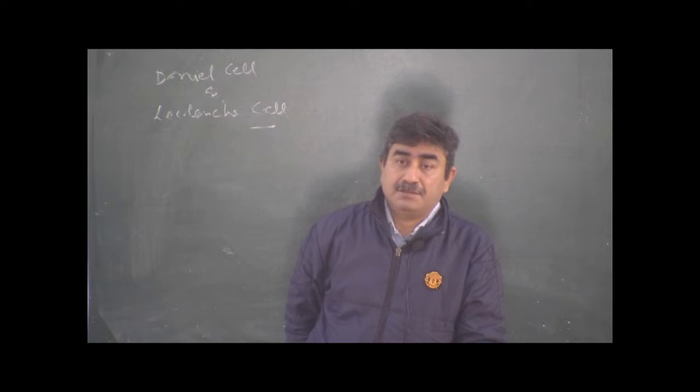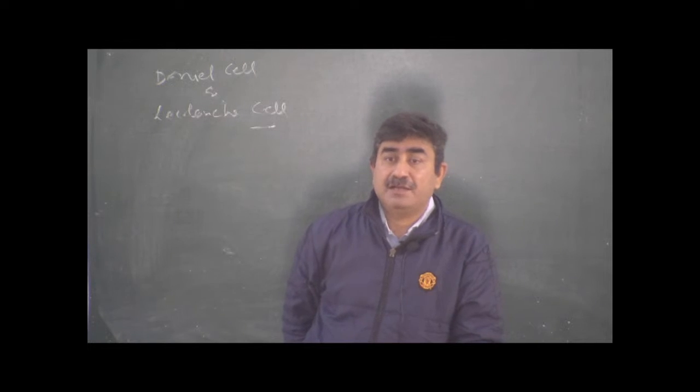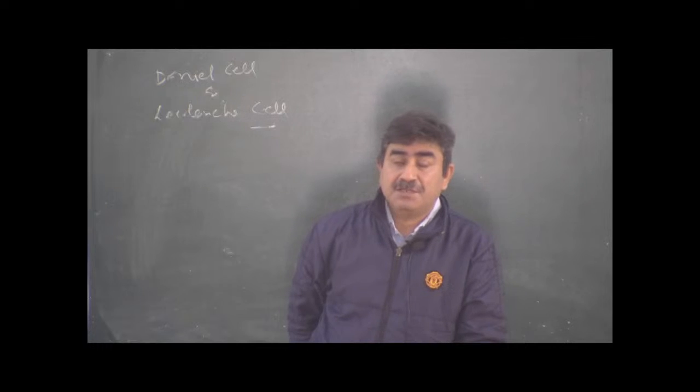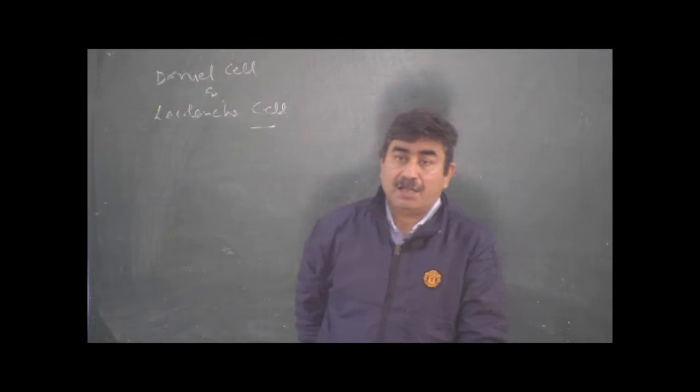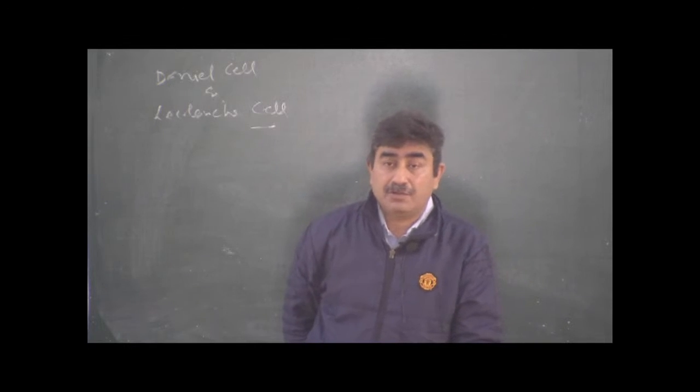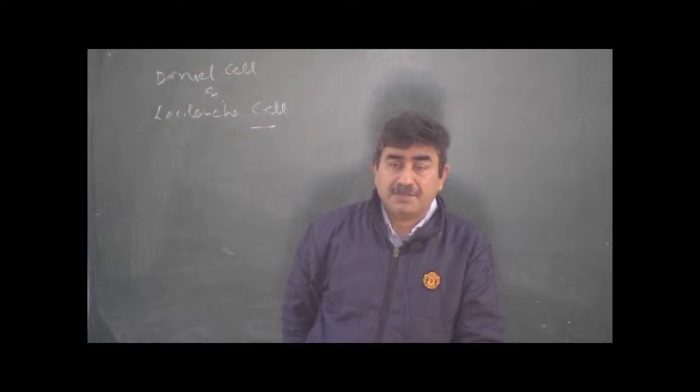Leclanché cell में क्या है? We are having a glass vessel which contains ammonium chloride solution as the electrolyte, a porous pot having carbon rod along with manganese dioxide powder.